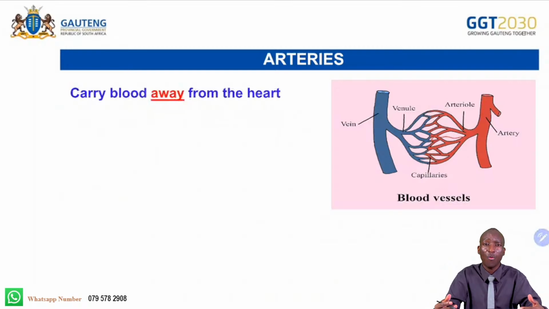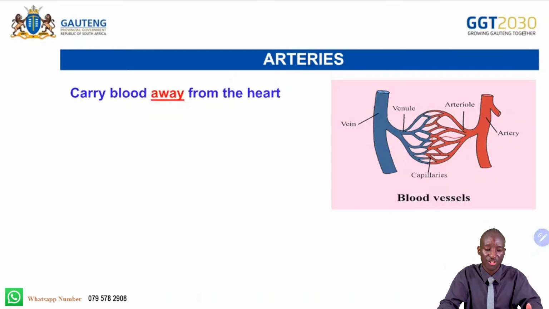Remember that our bodies need to have enough supply of blood, and our body cells need to have enough supply of blood. So it is the responsibility of these blood vessels called the arteries to make sure that they deliver the blood to all the body cells from the heart.